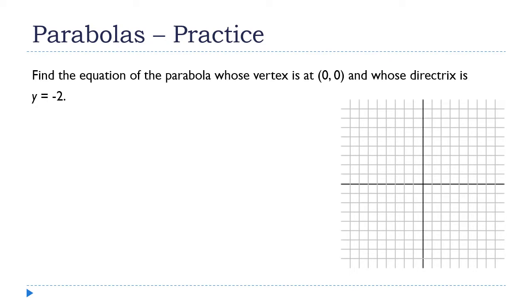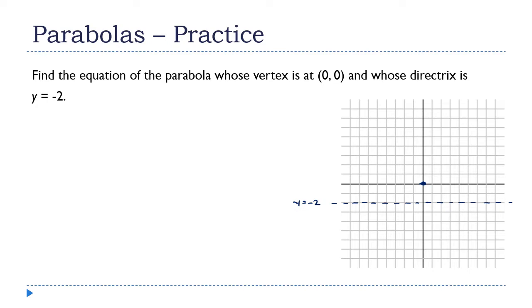All right, so you see the vertex is still at the origin. That hasn't changed. And the directrix is y equals negative 2. So the graph of y equals negative 2 is down here. Well, the focus is always on the opposite side of the vertex from the directrix.